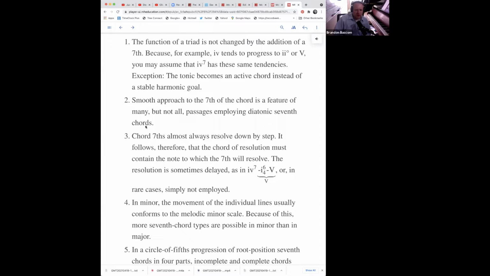What kind of chord do we have next? We have an E, a G sharp, a B, yeah, that's what we've got.